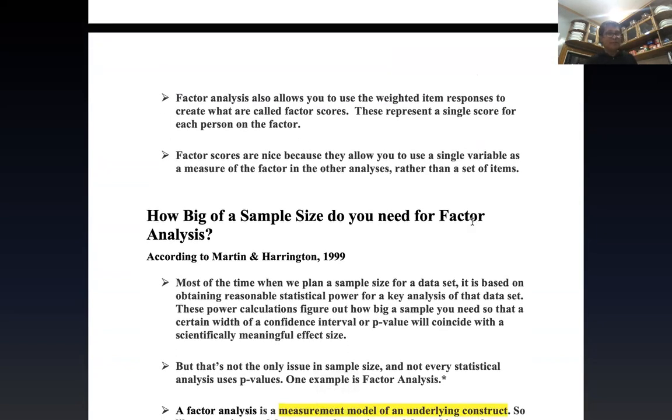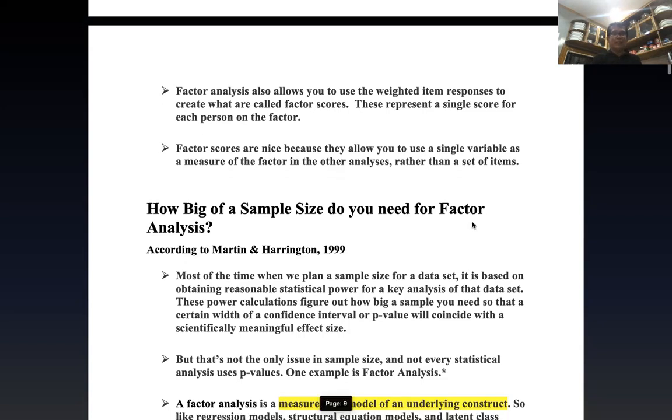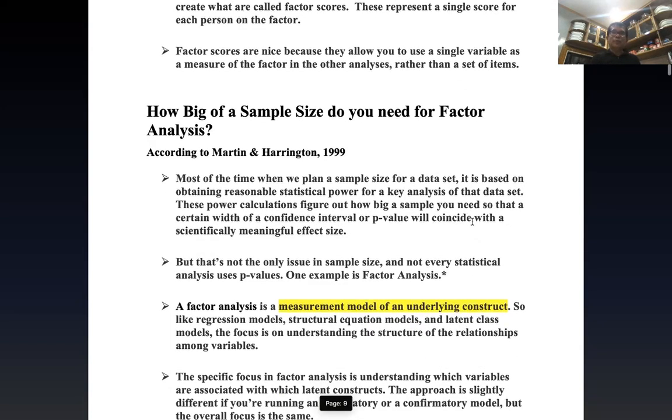How big a sample size do you need for a factor analysis? According to Martin and Harrington way back in 1999, most of the time when we plan a sample size for a data set, it is based on obtaining reasonable statistical power for a key analysis of that data set.